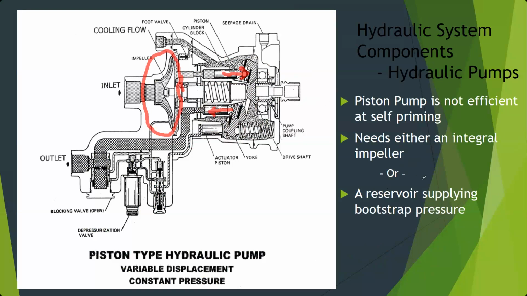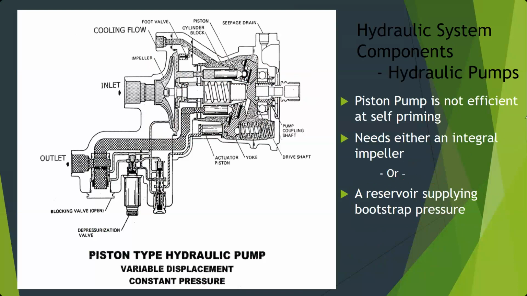What's more common nowadays are reservoirs that supply bootstrap pressure. The reservoir where the fluid is stored is going to be under pressure somewhere around 8 to 15 psi, which is enough to force fluid into the intake of the pump and prevent the pump from becoming cavitated, getting basically air bubbles in it.